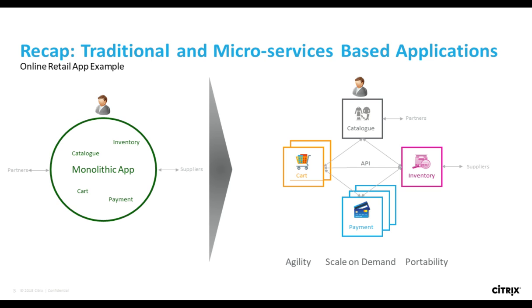Traditional applications have been built on a 3-tier web, and it's a very monolithic application which combines all the pieces of catalog, inventory, cart, payment subsystems into a single monolithic application. However, it does have APIs to connect to your partners as well as your suppliers. And the user interacts through the user interface.